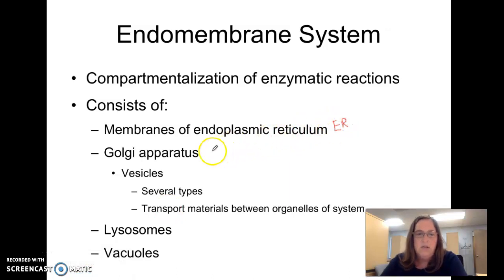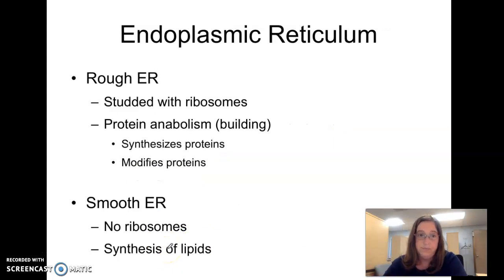We do have our Golgi apparatus, which has little vesicles. Vesicles are tiny structures that transport materials. Then we have lysosomes we'll talk about, and then we have some vacuoles in our cell as animals, but they're not very big. In plant cells, they are quite large.